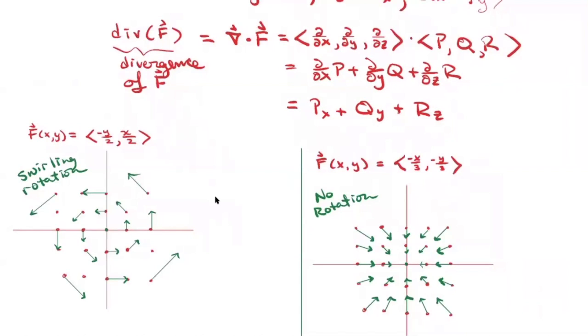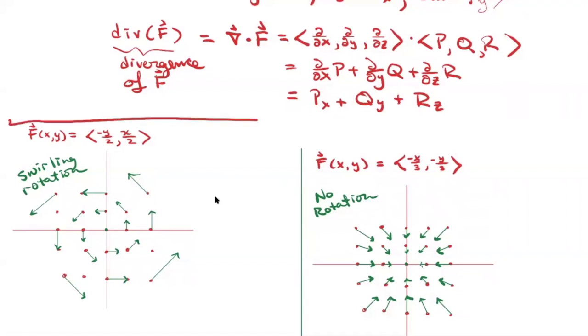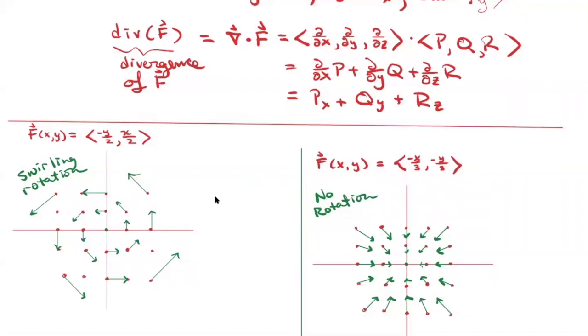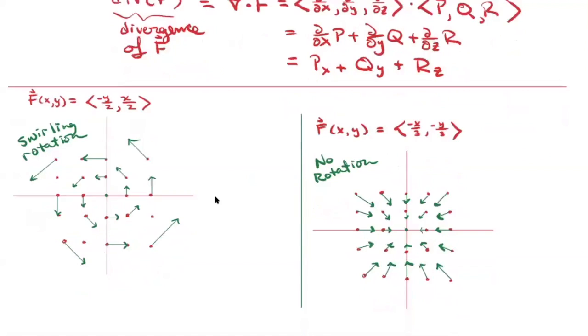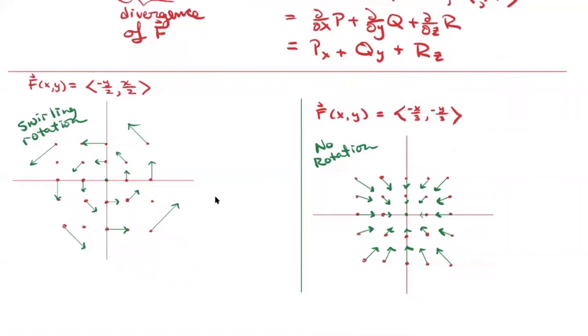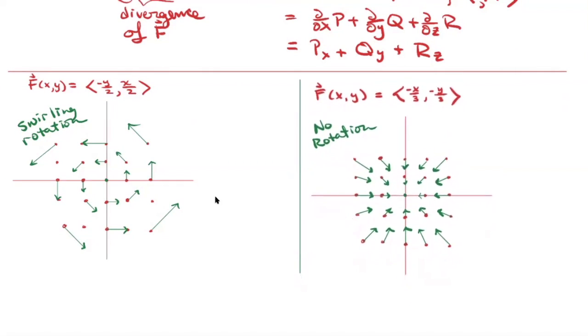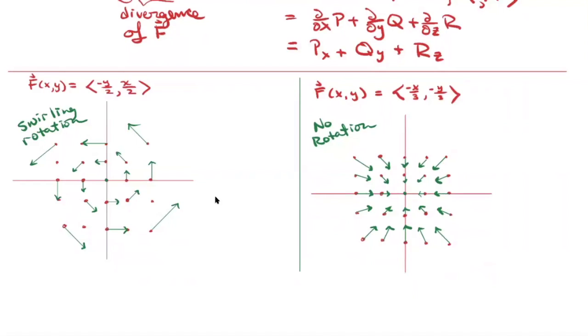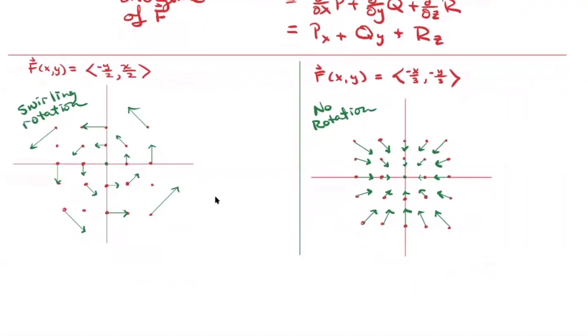So go ahead and do quick sketches of those and their definitions here. Nothing fancy, just vectors all pointing to the middle or vectors swirling around the middle.